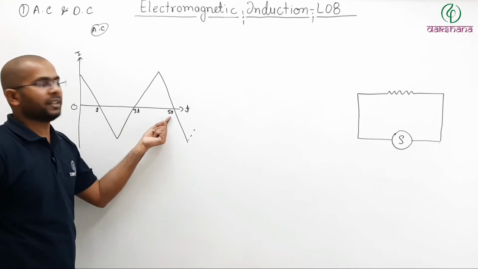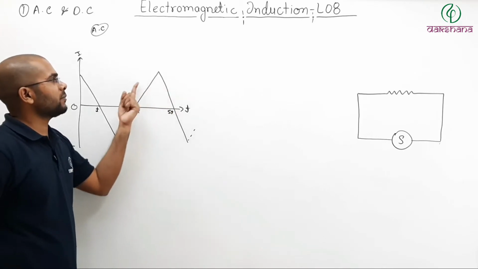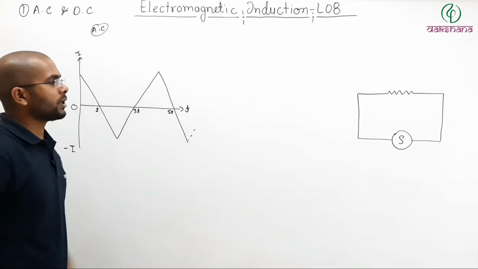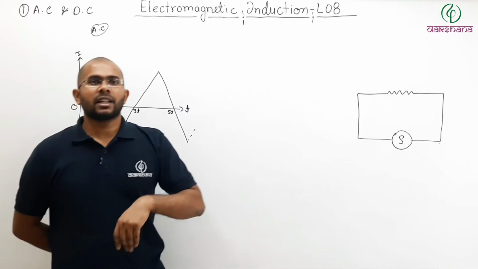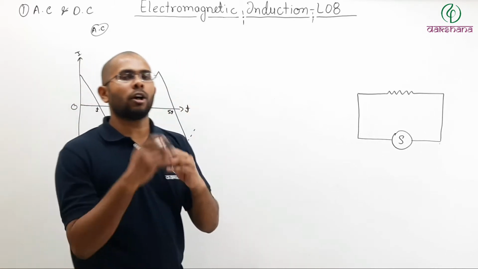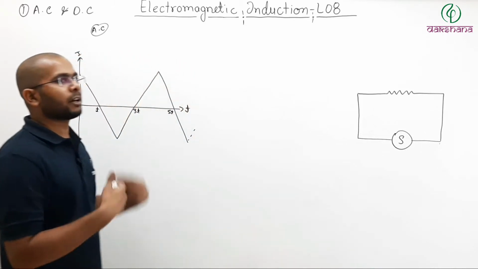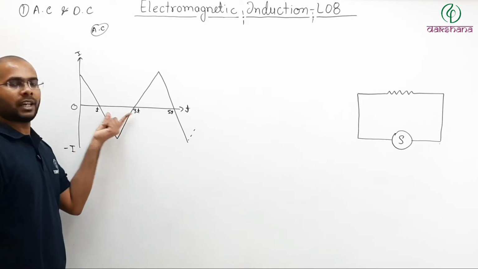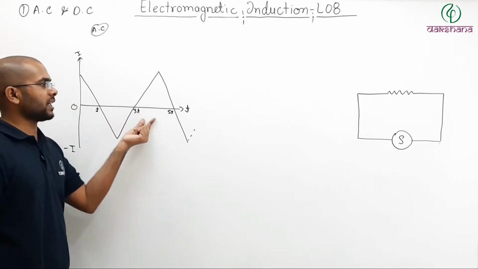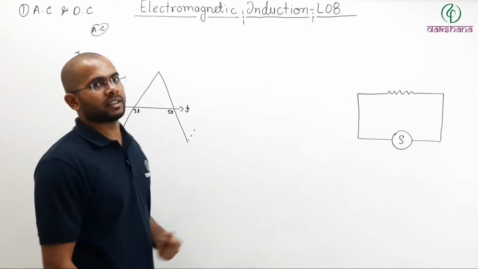For 3t to 5t, magnitude is variable, but sign is positive. So your direction of flow of current, even though magnitude can vary, the direction is changing at a regular interval of time. Every 2t seconds, your direction changes in this case.